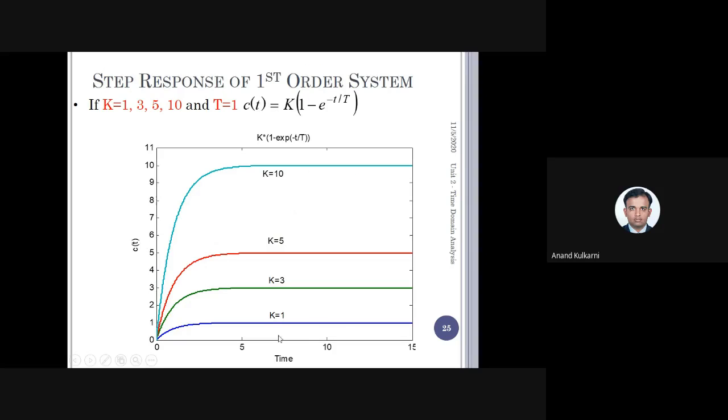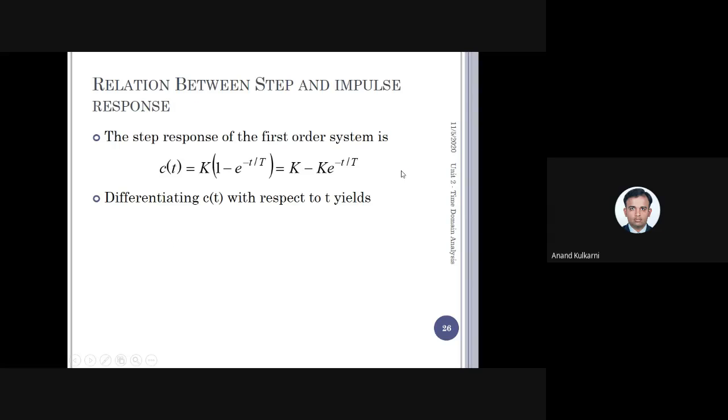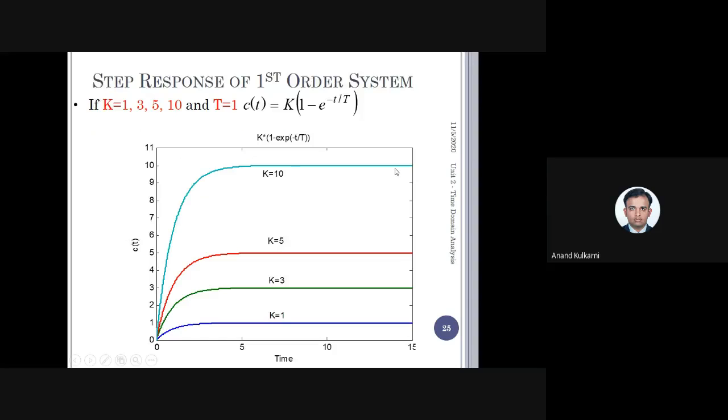K value. Higher the K value, more time is required to reach that. Here, sorry, I made a mistake. K value has no effect on response. See here the time, this much time only, all have reached the same value.